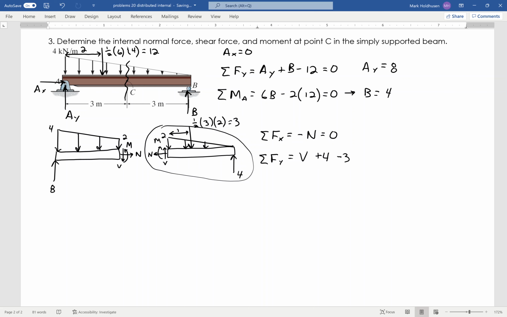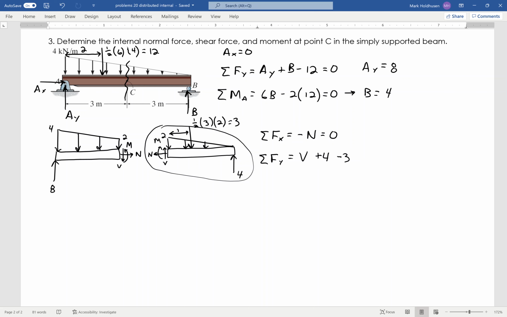The main thing to take away here is you have to redraw your distributed load. Don't just treat that 12 as now a point load. It's still a distributed load. Anytime you cut it, you have to redraw and redo that distributed load. So make sure that you do that.